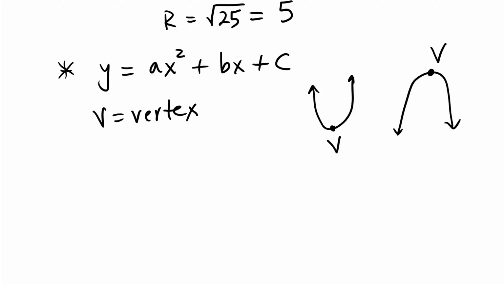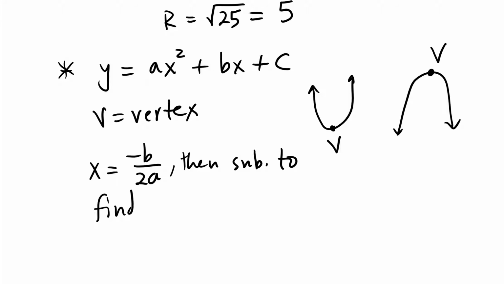We have a shortcut, luckily enough. To get the x for that is always -b over 2a. After you do this, then substitute to find the y value.